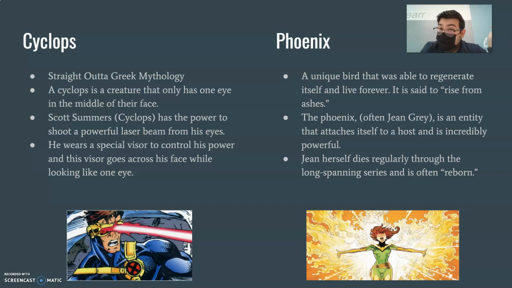The Phoenix in Marvel Comics, and particularly in the X-Men, finds itself attached to a character named Jean Grey, who is a telepath. She can use her mind, so telepathic powers. It attaches itself to a host and is incredibly powerful. The way that she's the Phoenix is that she dies so many times in Marvel Comics, and she's always reborn. So once she dies, she comes back like a Phoenix.